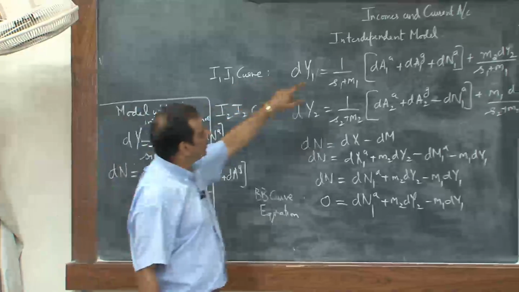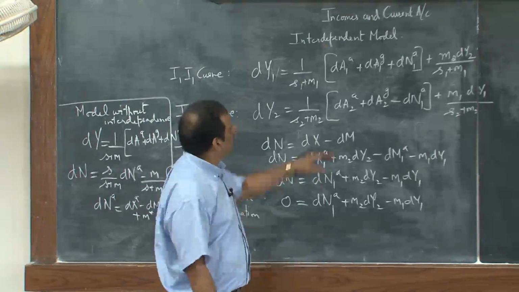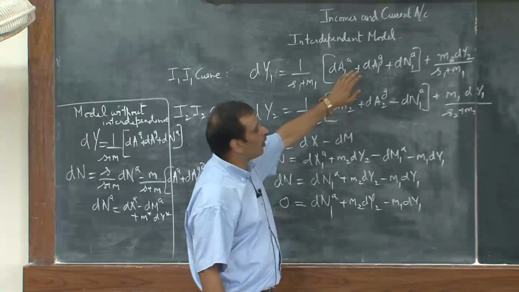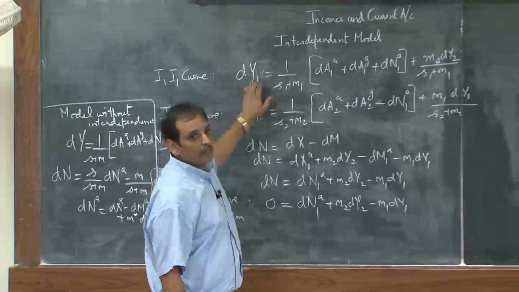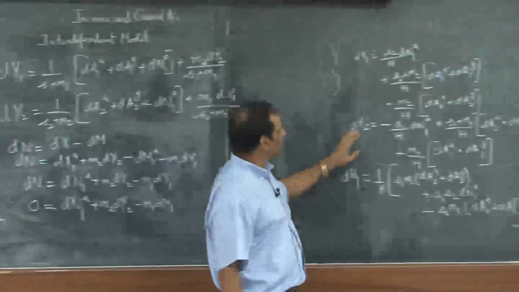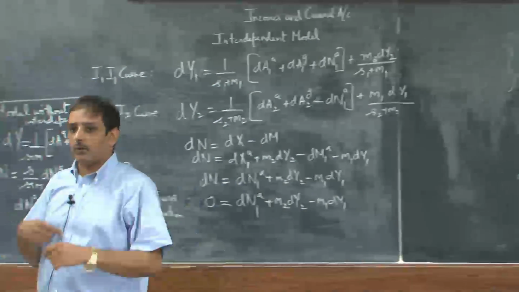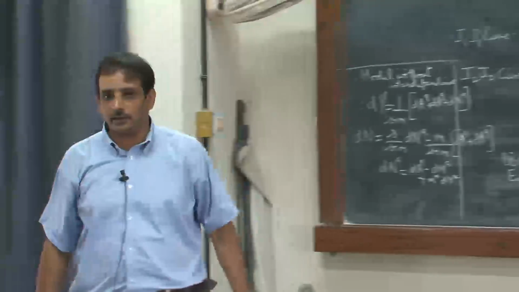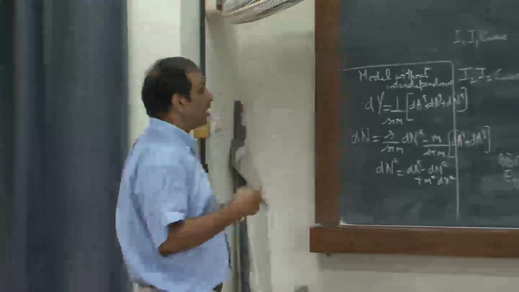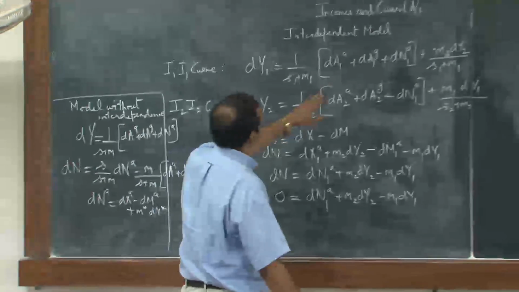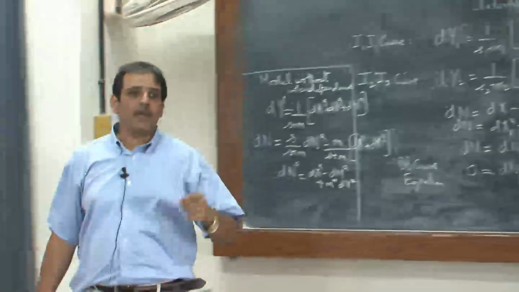But in the interdependent model, there is something else which is happening. When these expenditures go up, they tend to increase not only the incomes in the first country, but they also tend to increase the incomes in the second country, because expenditures tend to have an impact on the incomes of both the countries. So if the expenditures in US go up, the incomes in both US and Japan go up.